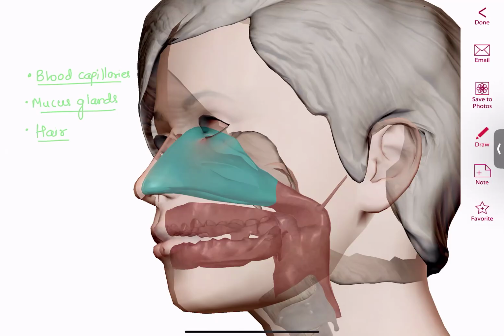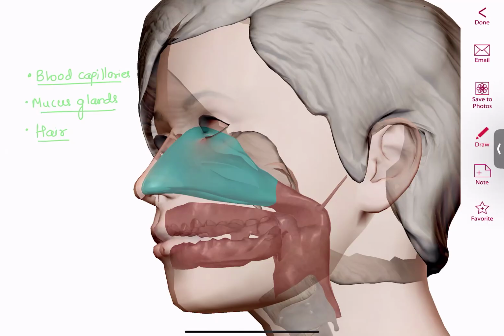The outside air that we inhale is at a varying temperature. So in order to adjust it to our body temperature, the blood capillaries are present inside the nasal cavity, which help in exchange of heat and adjusting the temperature of the air taken in to your normal body temperature. So that is the purpose of the blood capillaries.